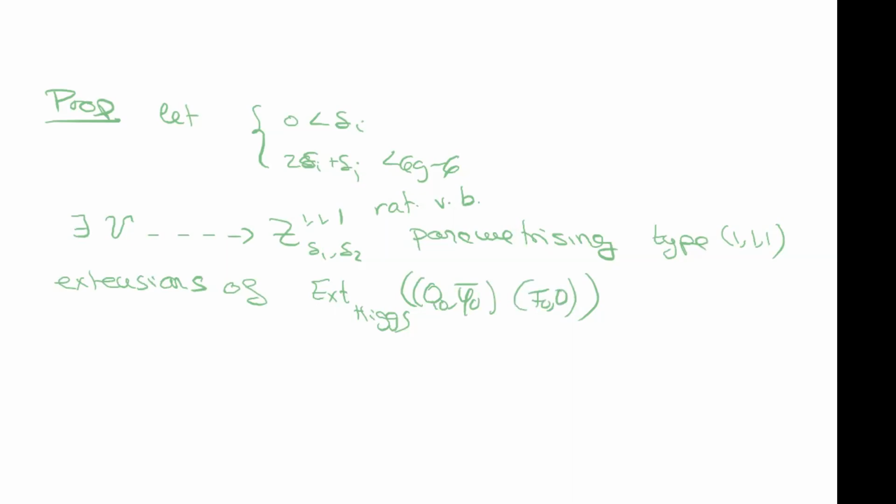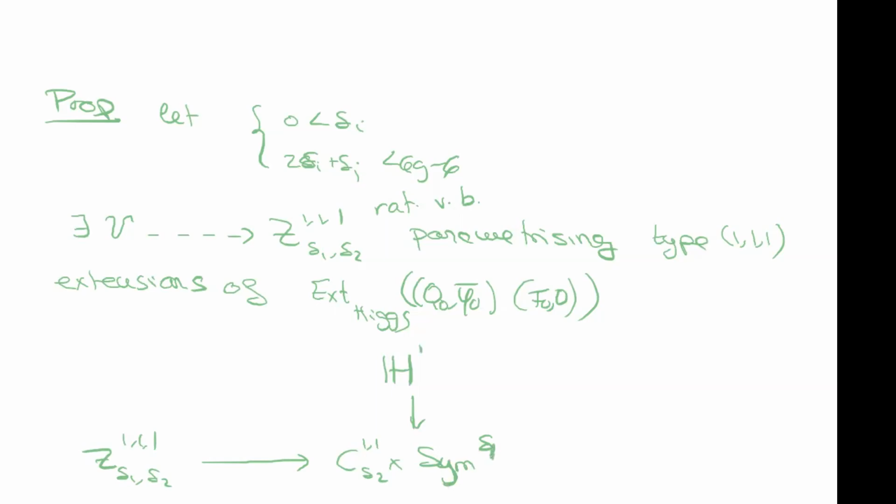Such that, so this is a subbundle. So we have a map into C delta 2. So over this scheme, we can consider a rational vector bundle which parameterizes just extensions.